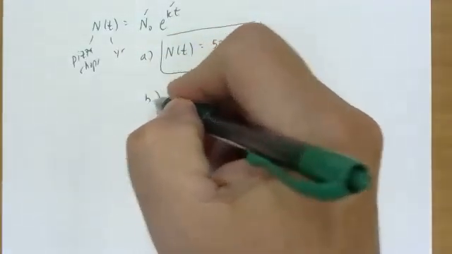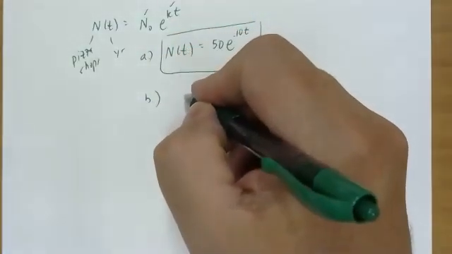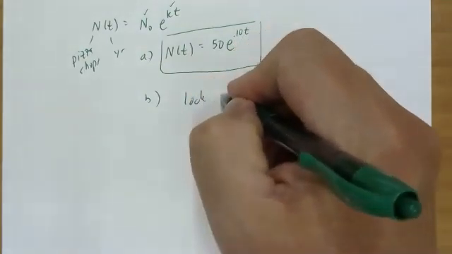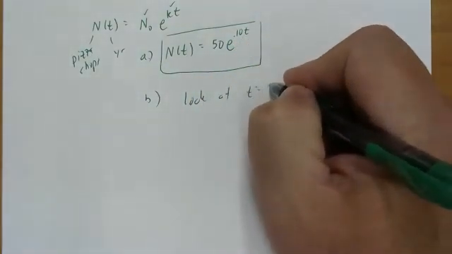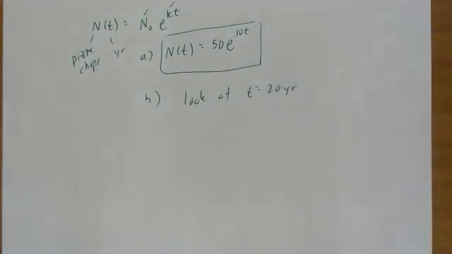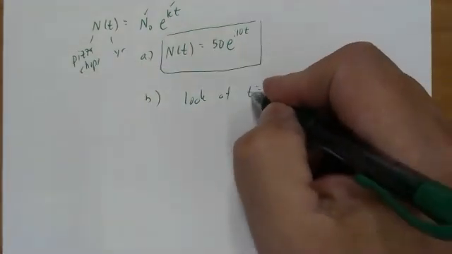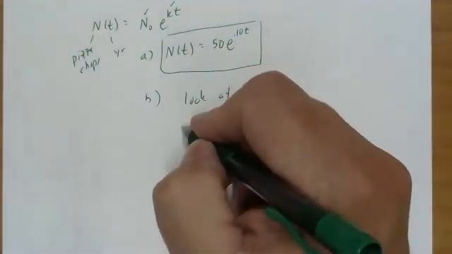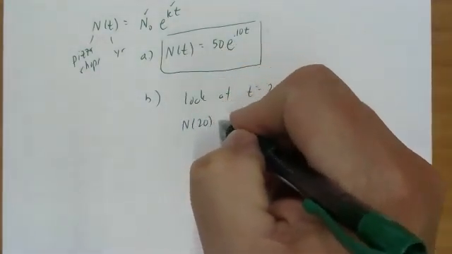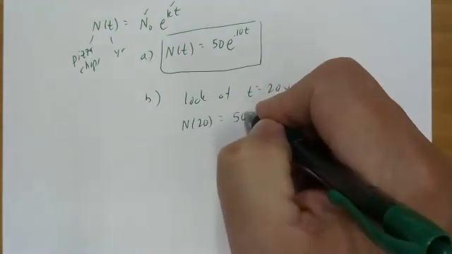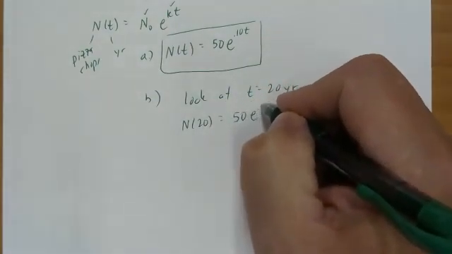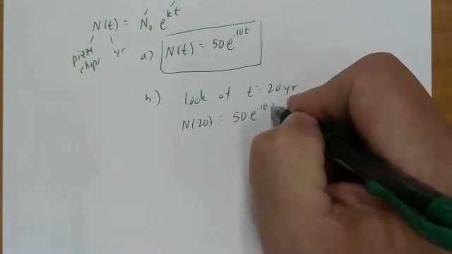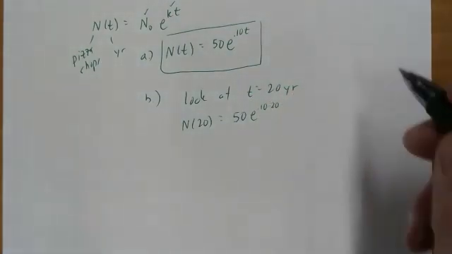So they're saying it wants to look at when 20 years have passed, and it wants to know how many pizza shops we're going to have. So what do you do? You plug in 20 for t into this equation. So I could say N of 20 equals 50 e to the 0.10 times 20.